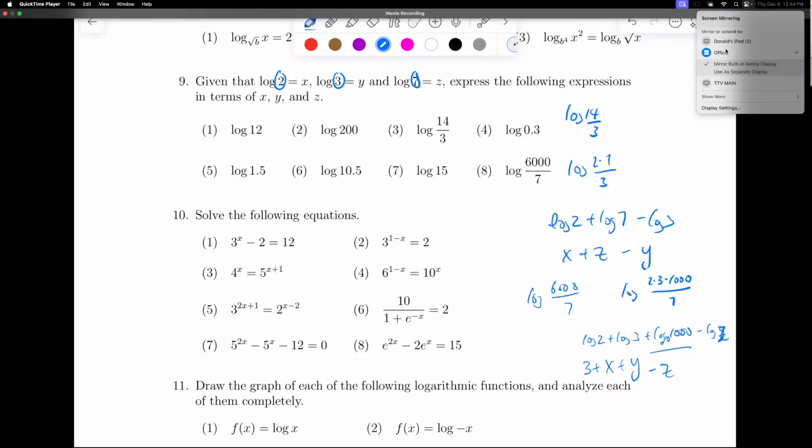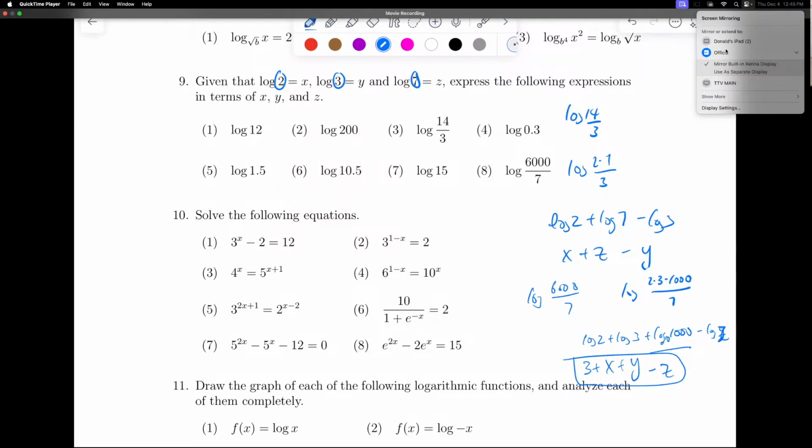This will be the final answer. Now you don't have to have x, y, z only, you can have a number. In this case, it's 3. 3 plus x plus y minus z. Does that make sense? Yes.